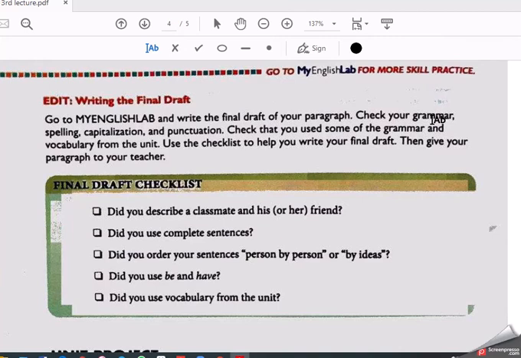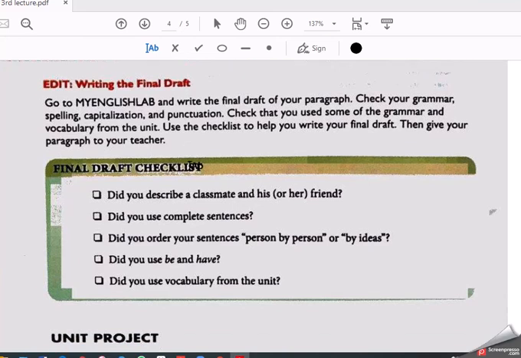Do they contain a verb and a subject? I check the spelling, the capitalization, and the punctuation. Check that you used some of the grammar and vocabulary from the unit. I have to use the vocabulary from the unit. Use the checklist to help you write your final draft, then give your paragraph to your teacher.